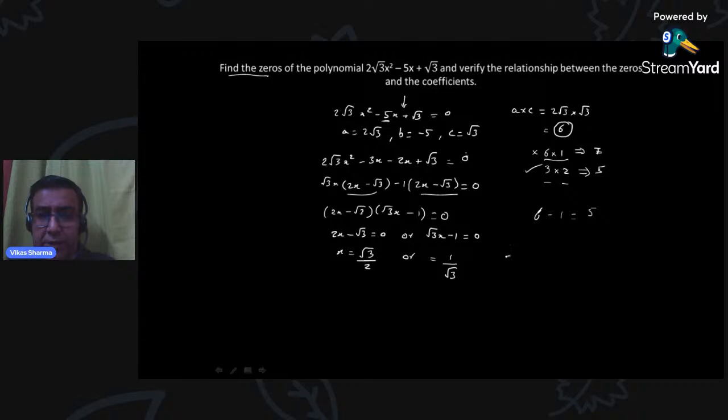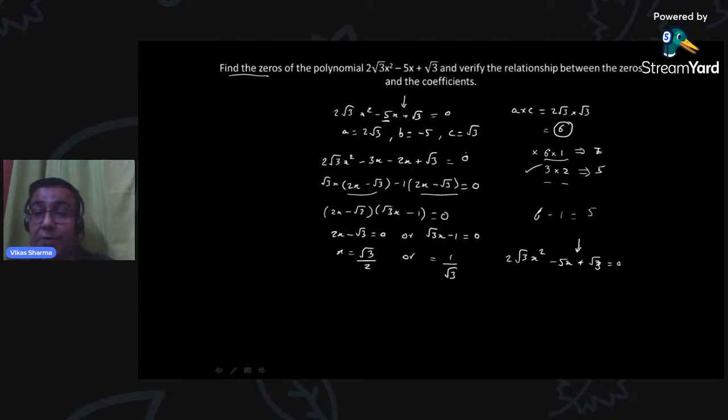So that you don't misunderstand me: 2 root 3 x square minus 5x plus root 3 is equal to 0. The sign before the constant term, you have to look at that sign. A positive sign means you will have to add the two factors, and a negative sign there means you will have to subtract the two factors.